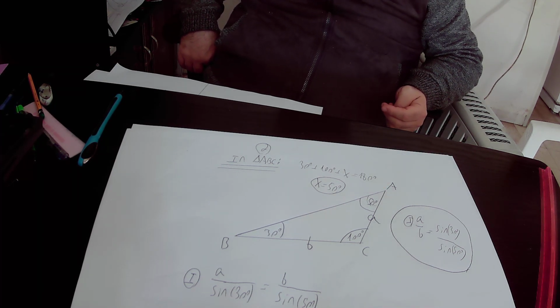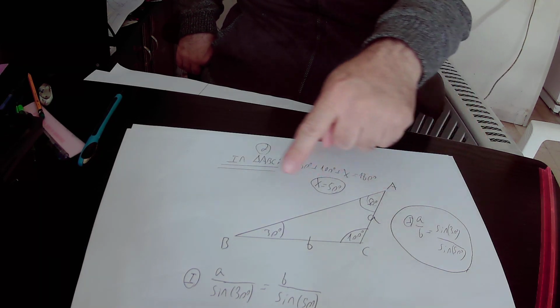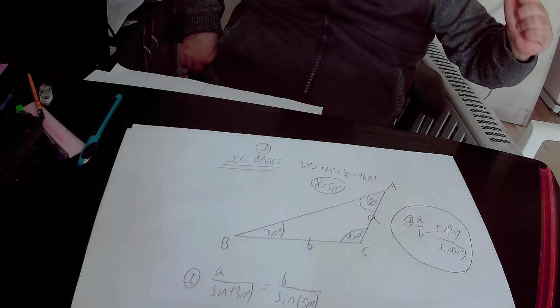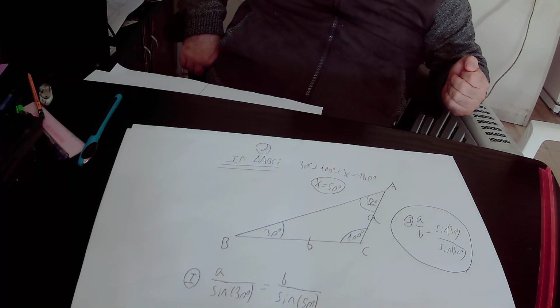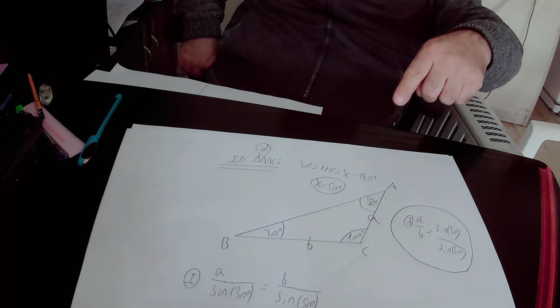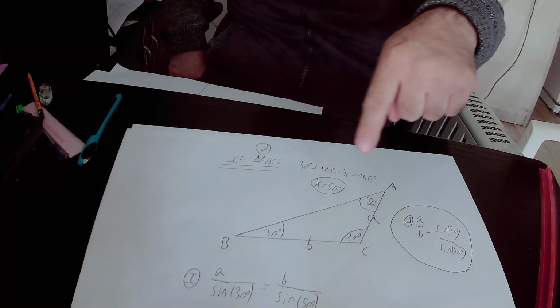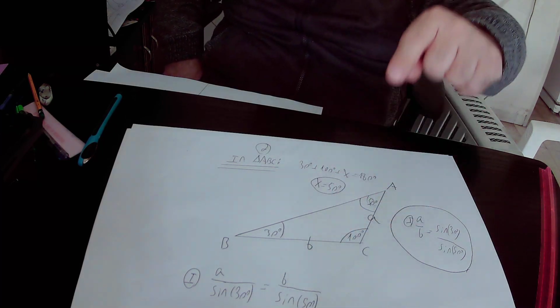Okay? We know that AC equals A and BC equals B according to our definition. So we implemented the law of sines in this triangle. According to the law of sines, we will get that A over sine 30 degrees equals B over sine 50 degrees.